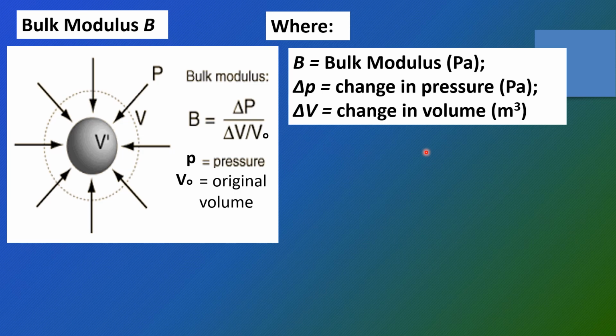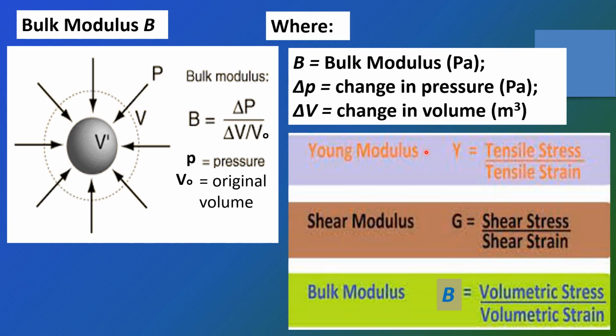So to summarize the three kinds of moduli that we have discussed, for Young's modulus, we say capital Y is equal to tensile stress divided by tensile strain. That goes through also for what we call compressive stress. The corresponding strain is known as compressive strain.